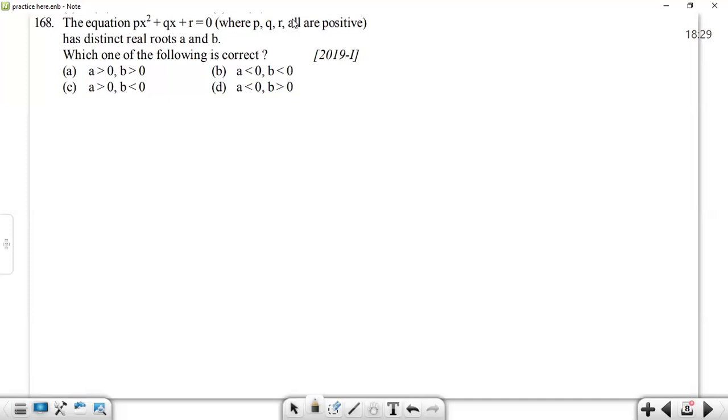If they are all positive, we have already discussed there will be negative roots, because in the case of x square plus 5x plus 6, the roots were -3 and -2, right? So in this scenario also, a should be negative and b also negative. Clear?